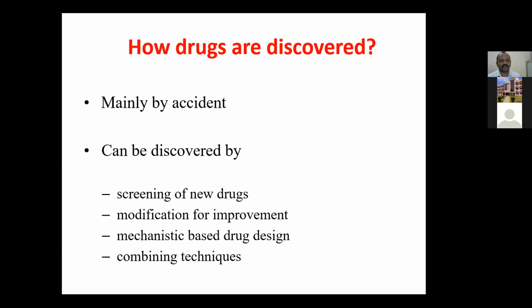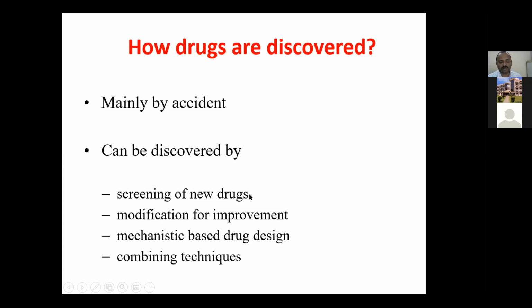The scaffolds, the nucleus, should be varied in this class of ligands, so that we can screen diverse structures and find the hits which are ideal to be developed as a lead compound in a particular case of drug research. So that is one way of doing it.